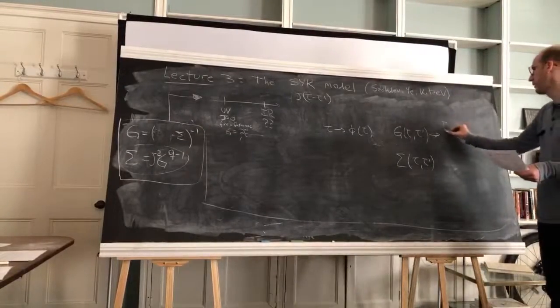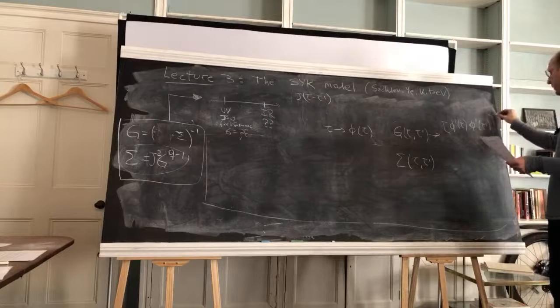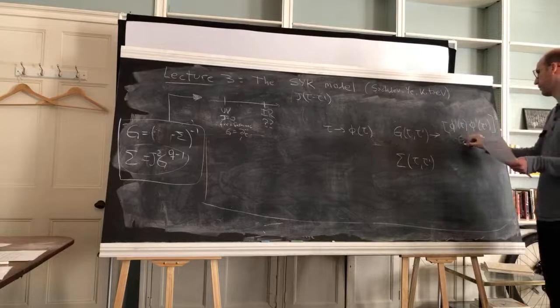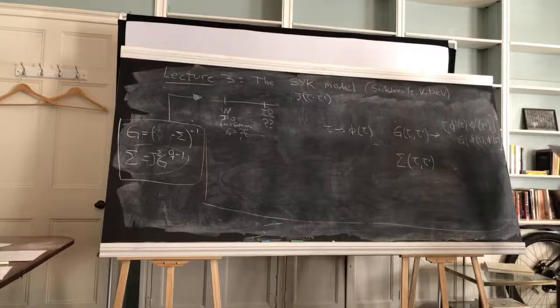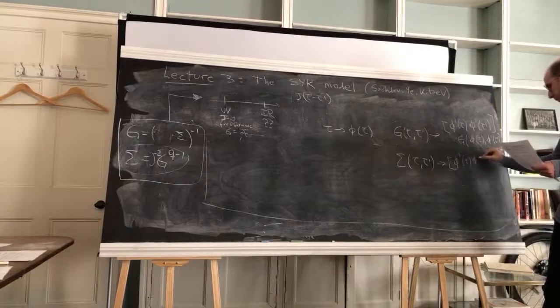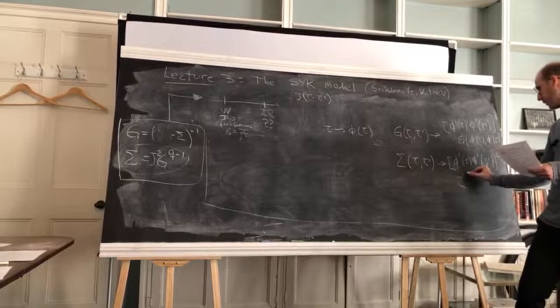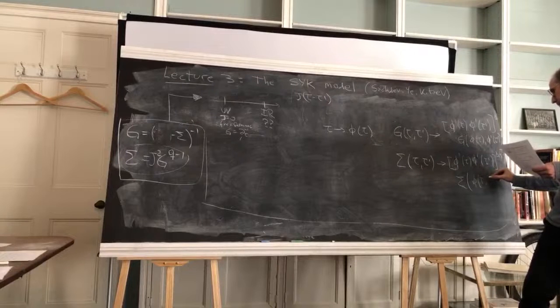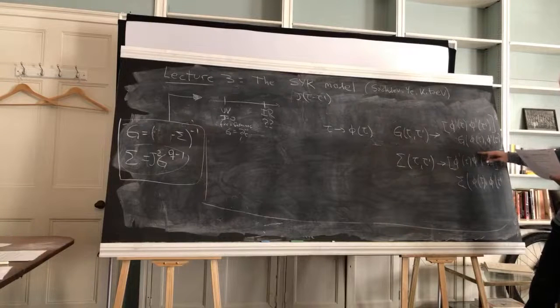This particular way looks like this: G goes to phi prime of tau to the delta times G of phi of tau, phi of tau prime, and sigma goes to phi prime to the delta (q minus 1) times sigma of phi of tau, phi of tau prime.